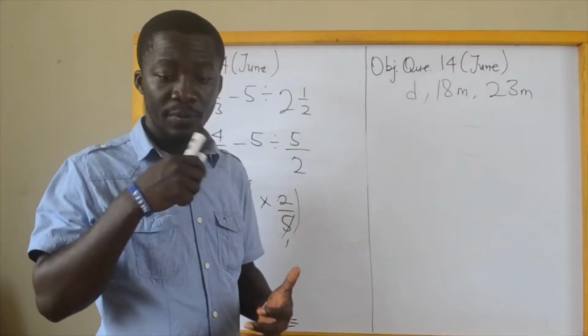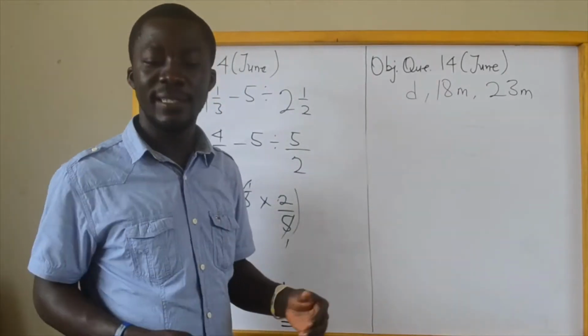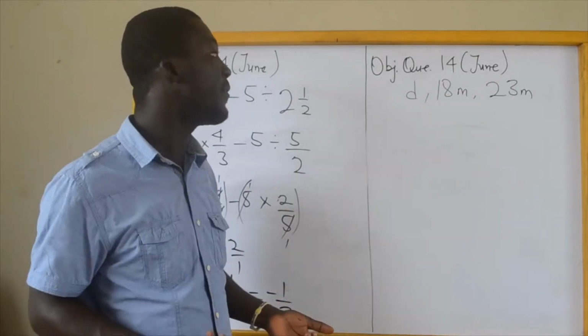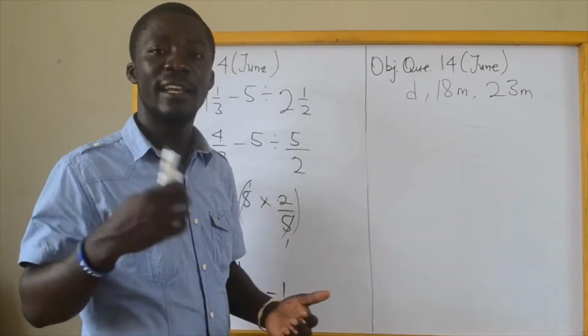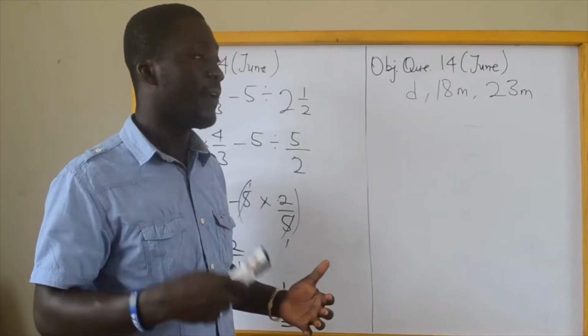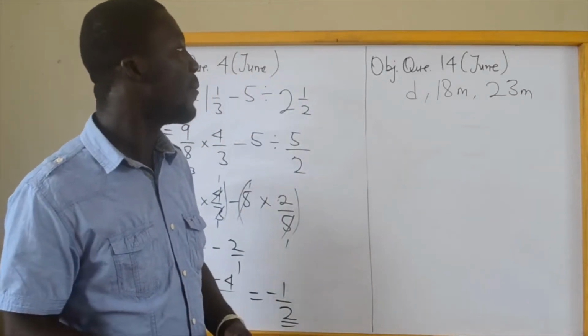Objective question 14, June. It says that the inequality for a distance d which is more than 18 meters but not more than 23 meters is. So we are to find an inequality that will represent the question.